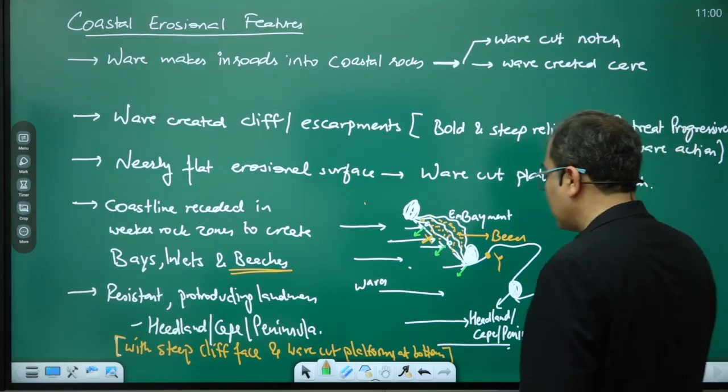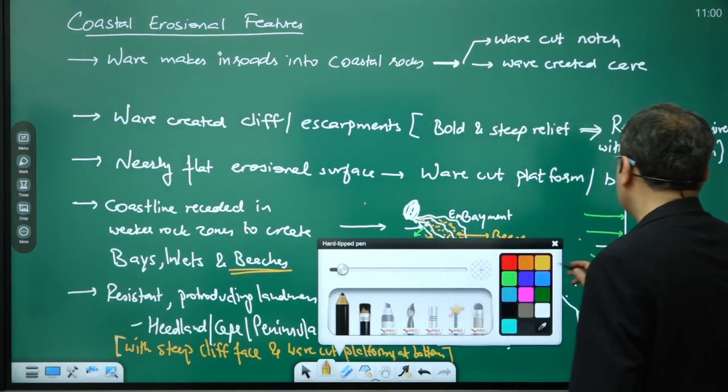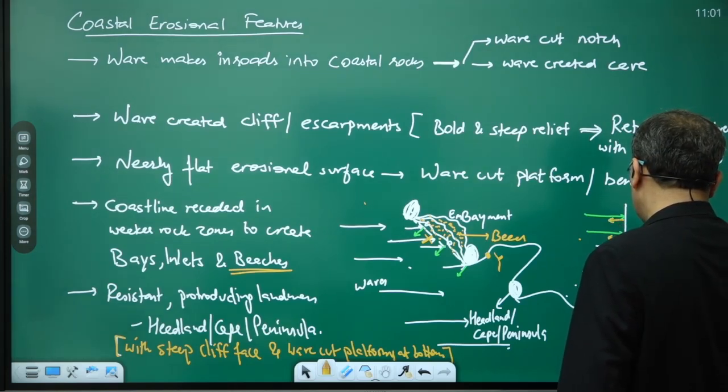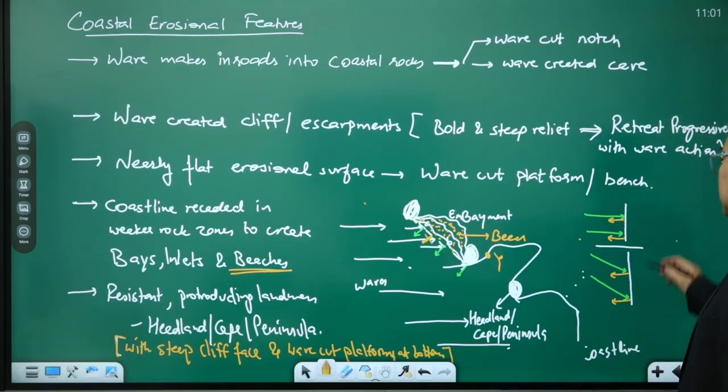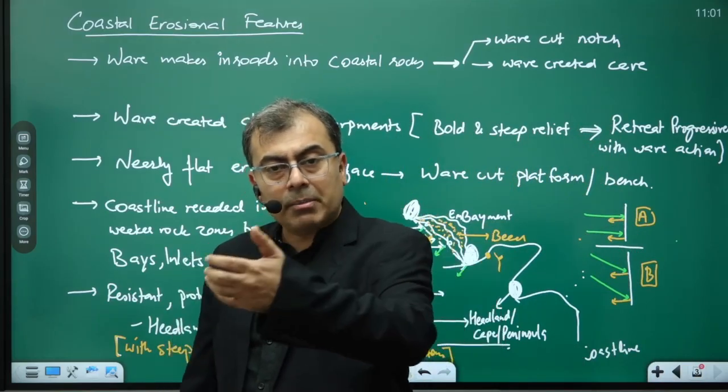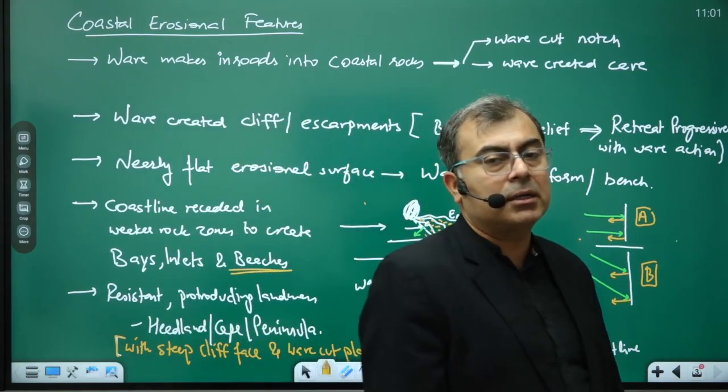Waves will always bounce back perpendicular to the coastline. Yes or no? This is A and this is B. Whenever the swash hits the coast, the backwash will always be perpendicular to the ground.